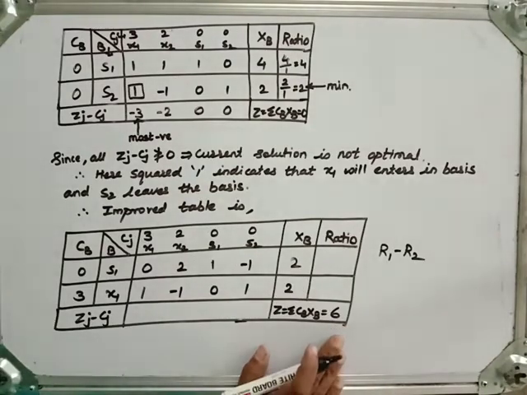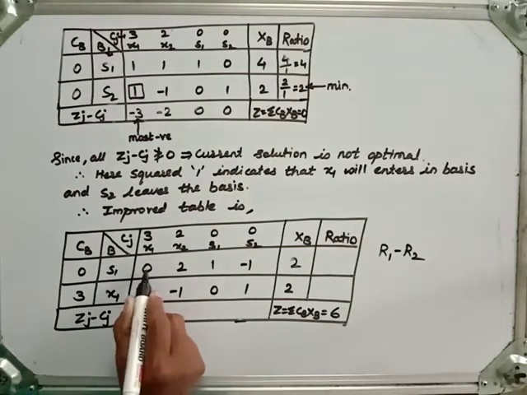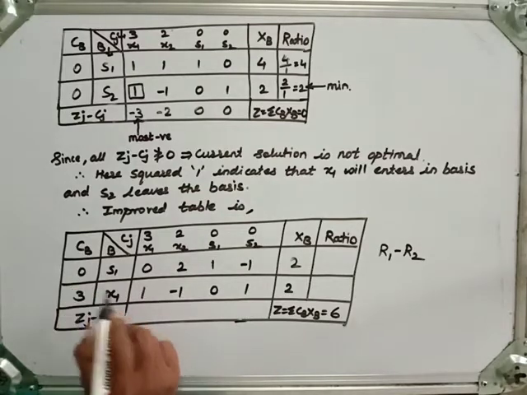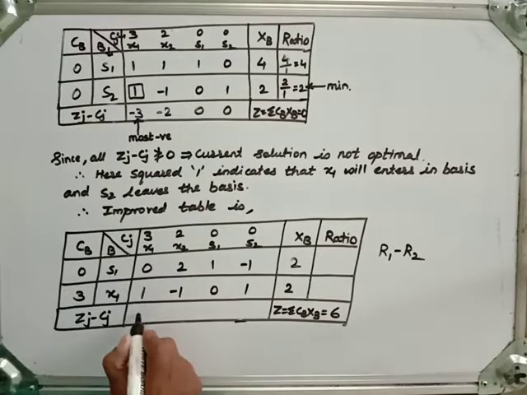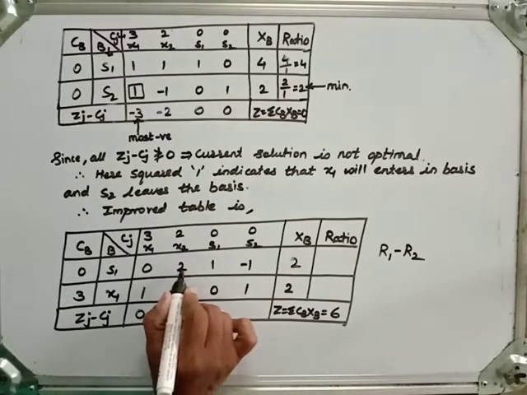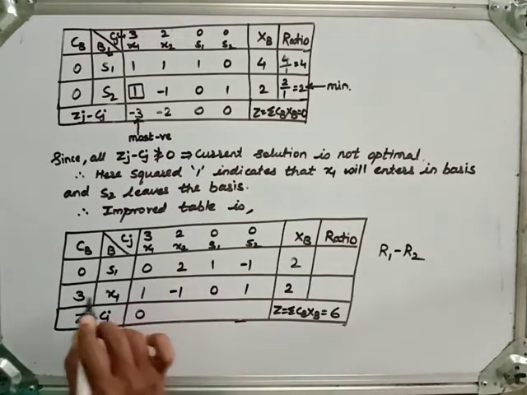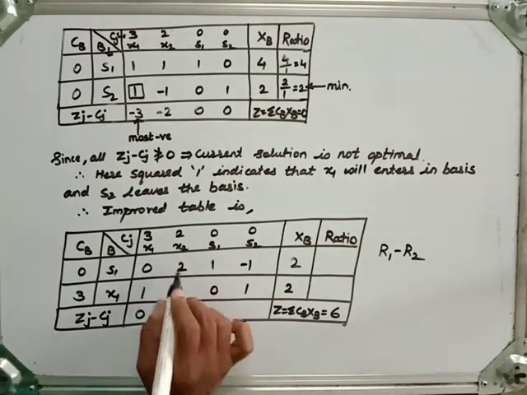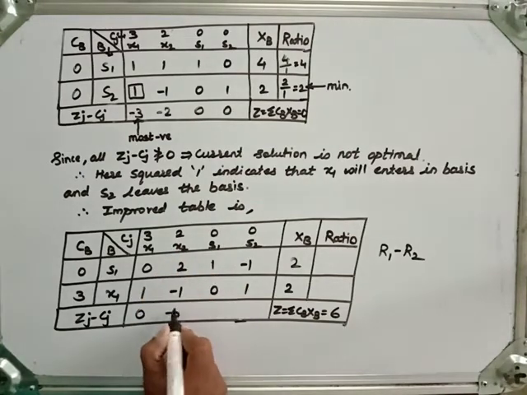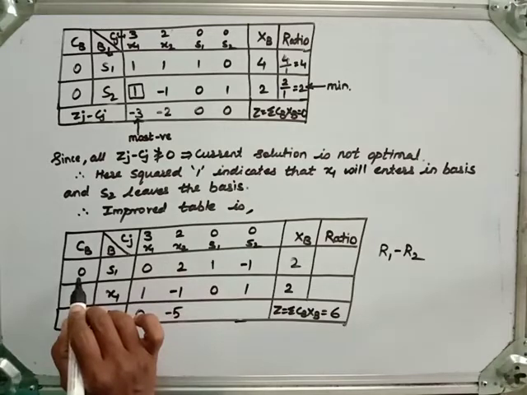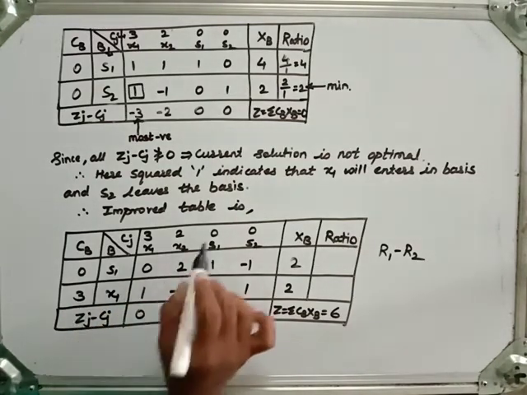But let us check it is optimal or not by checking Zj minus Cj. So here 0 into 0, 0 plus 1 into 3 is 3. So 0 plus 3 will be 3 minus 3 is 0. Then 2 into 0 will be 0 plus 3 times minus 1 will be minus 3, 0 minus 3 will be minus 3, minus 3 minus 2 will be minus 5. Again 1 into 0, 0 plus 0 into 3 will be 0 minus 0.